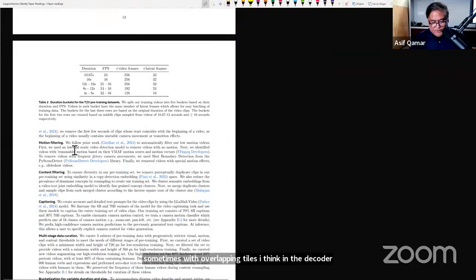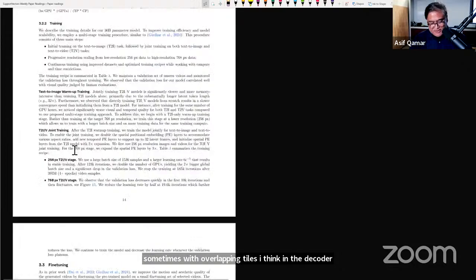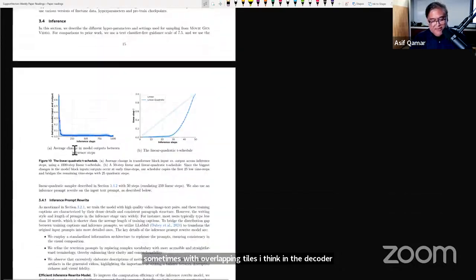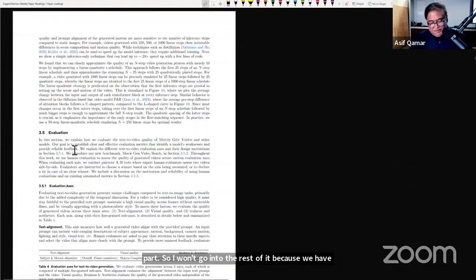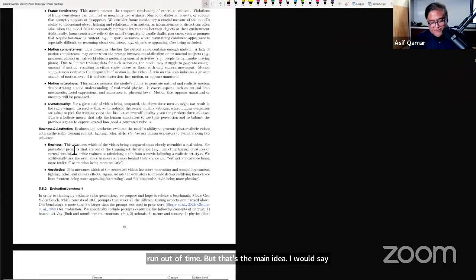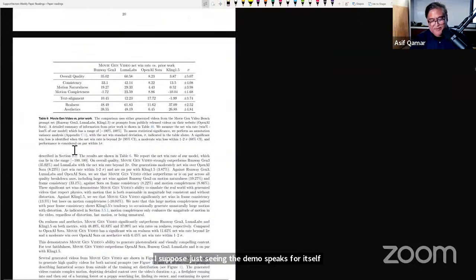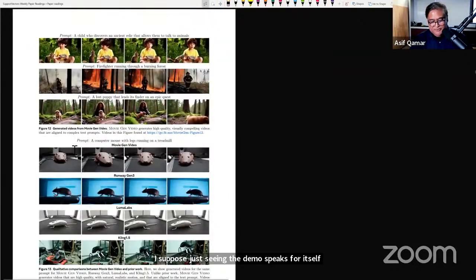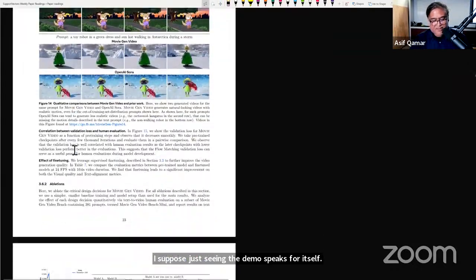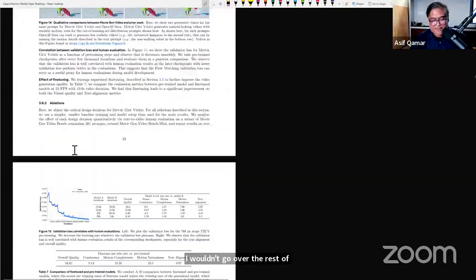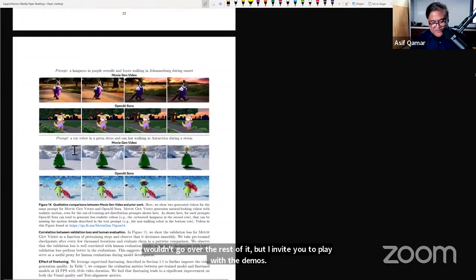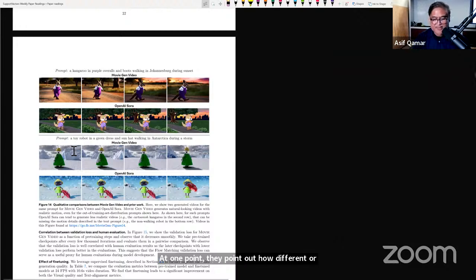I won't go into the rest of it because we have run out of time, but that's the main idea. I would say that it's a remarkable paper, and the results, just seeing the demo, speak for themselves. I invite you to play with the demos. At one point, they point out how different or better it is compared to, for example, OpenAI Sora.